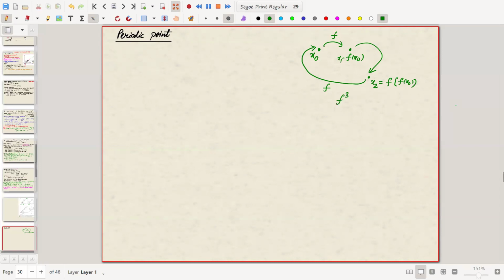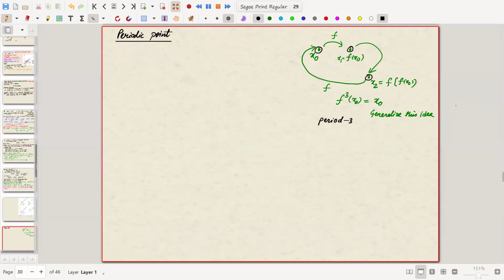Because f cubed of x naught is again x naught, isn't it? So now we will generalize this idea. If you see, all of these points are periodic points. So this is a period 3 orbit.